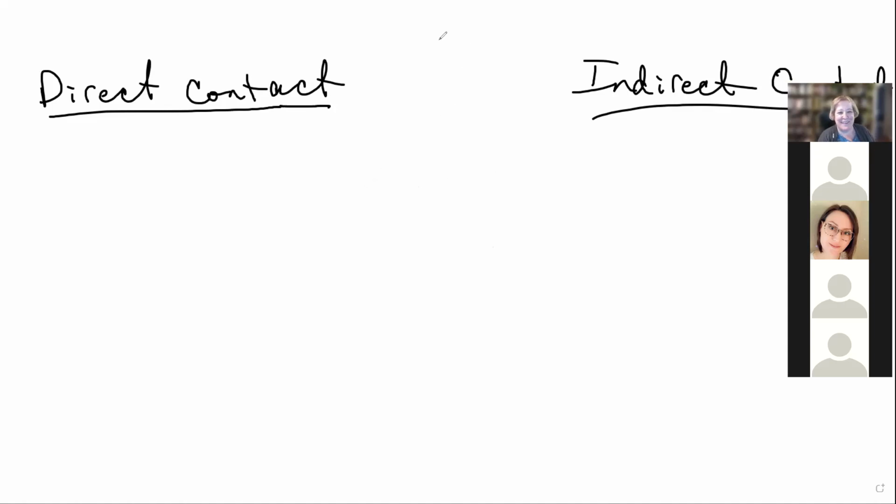Yay, right? All right. So the first direct contact transmission is the one that we tend to think of first. And that's personal contact. We also call that person-to-person contact.